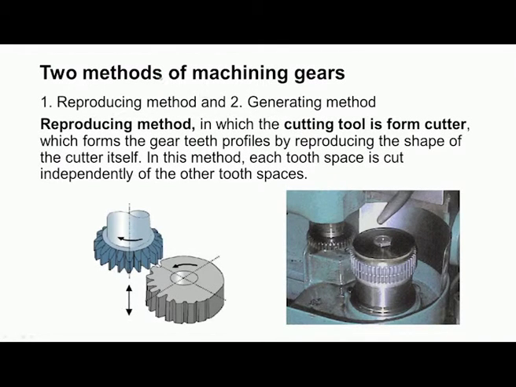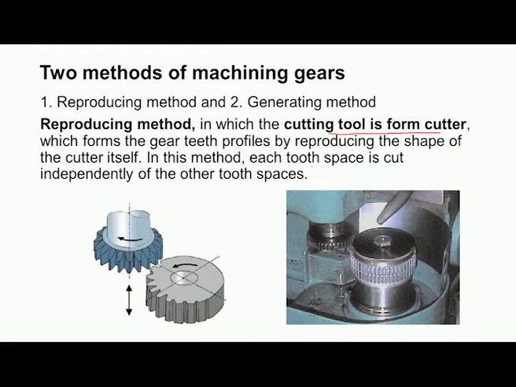Now, under machining we have two methods of machining gears. The first one is the reproducing method, and we have another type, the generating method. In the reproducing method, the cutting tool is a form cutter. That means the form that is available in the cutter is reproduced on the blank, which forms the gear tooth profiles by reproducing the shape of the cutter itself.